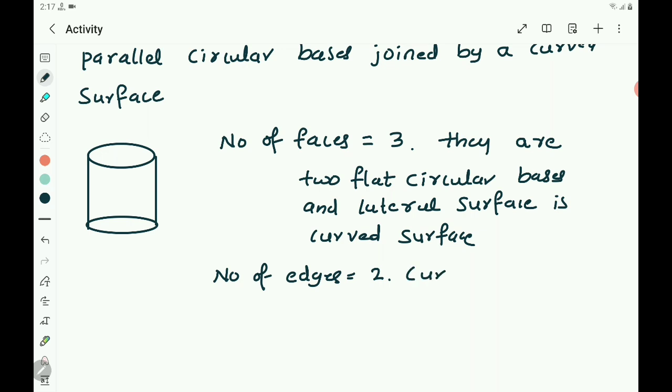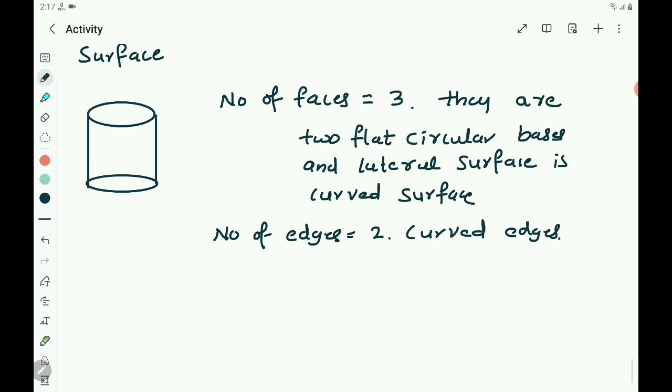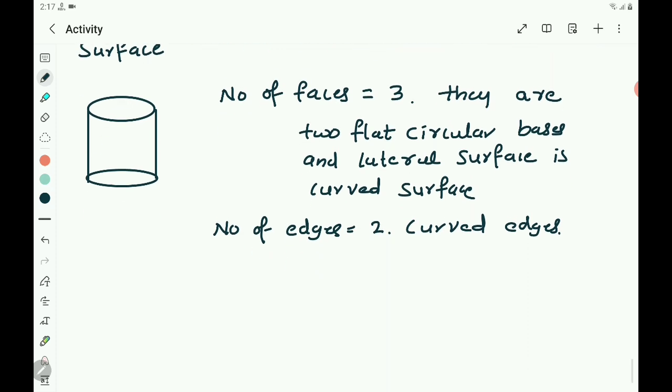Next, number of vertices? Here I can't find any vertices, so you can write no vertices.